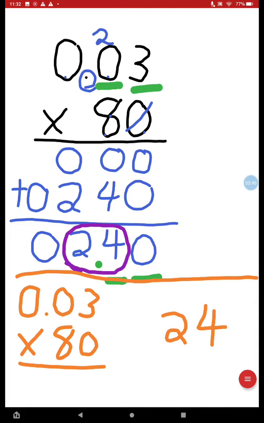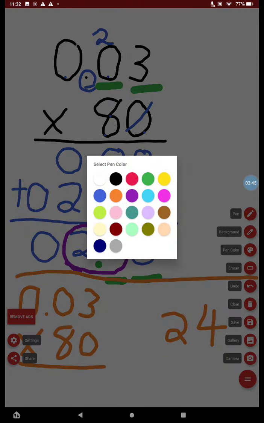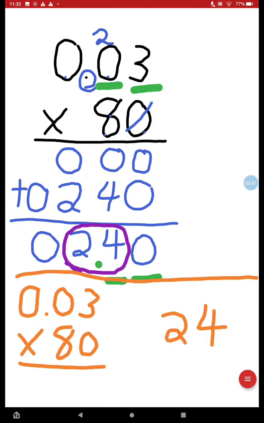Because there's a 0 to the right of my 8, I need a 0 on the right side of my number. Because there's a 0 to the left of the 3, I'm not counting this one because it's to the left of the decimal. I need a 0. Okay? Now how many places are to the left of this decimal point? 1, 2.